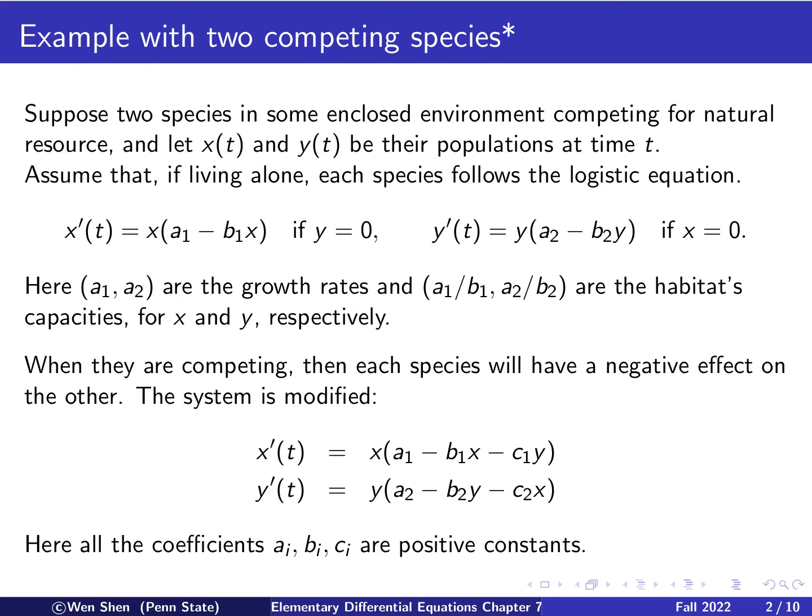And the same thing for the population for y. It will have a negative growth term, including x, multiplied by a constant c2. Okay. So one important thing here is that all these constants, the ai's and the bi's and the ci's, are positive constants. Therefore, the sign we put in front actually denotes the sign of that term.